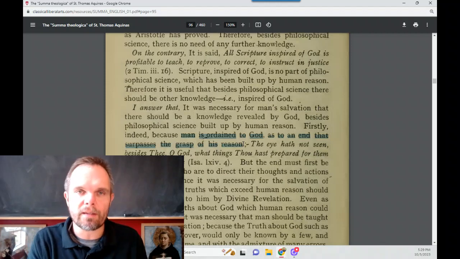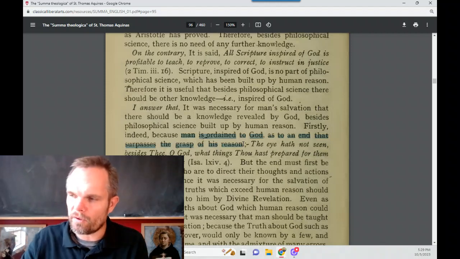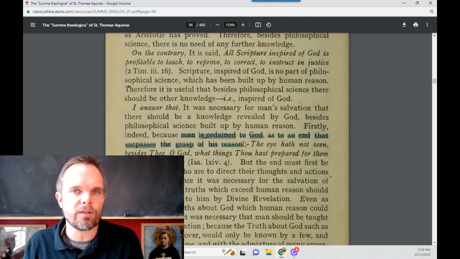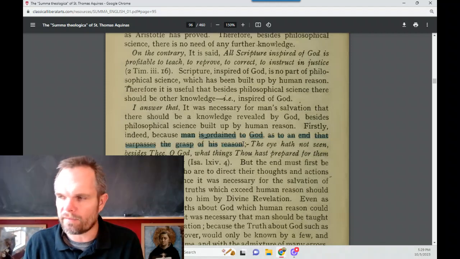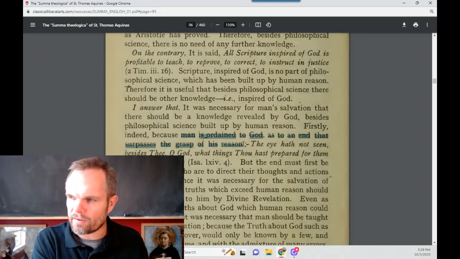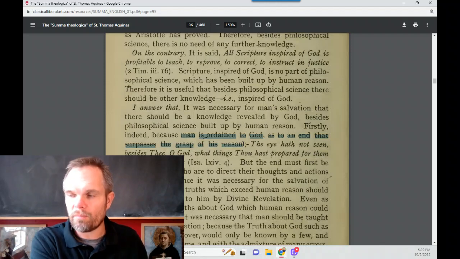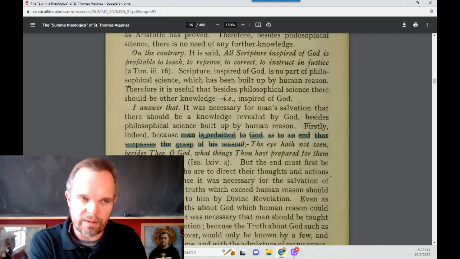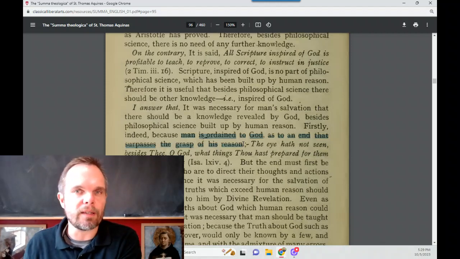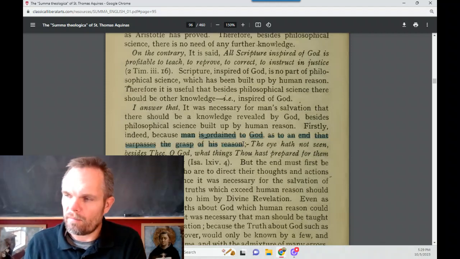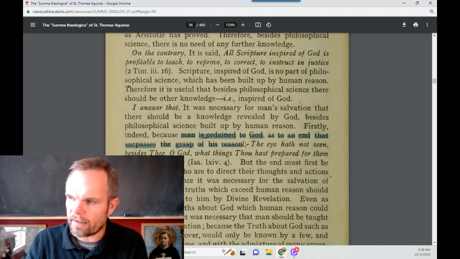You can construct that syllogism, or draw that syllogism out from the writing of St. Thomas. So we see his answer, that it was necessary for man's salvation that there should be some science beyond philosophy, but we also see his reason: because man is ordained to God as to an end that surpasses the grasp of reason.